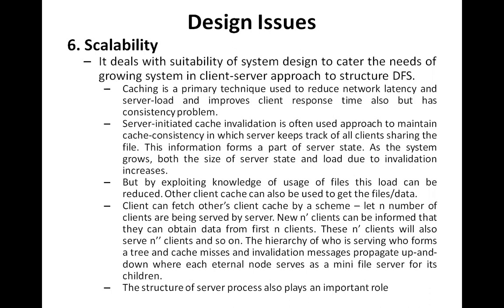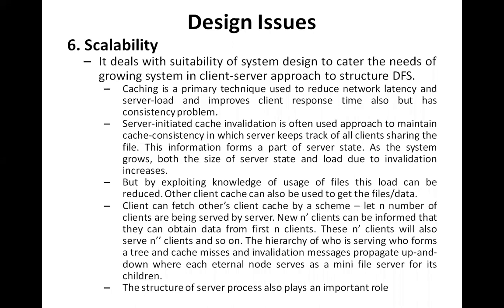We have seen that server initiated validation is the most commonly used approach to maintain the cache consistency. But in this scheme, the server keeps track. It always checks how many clients the file is shared with, and this information has to be stored on the server itself. This information, how many clients are using the file, becomes part of the server, and it is known as the server state.